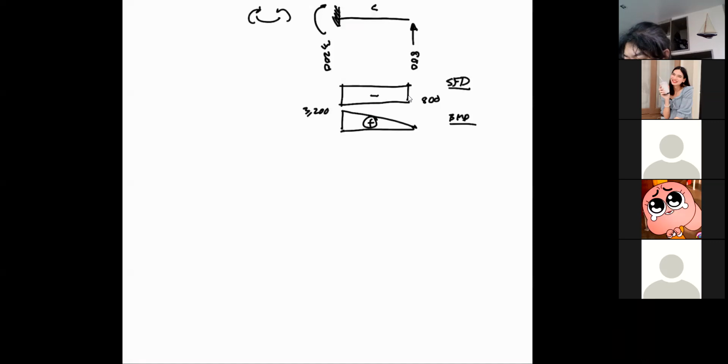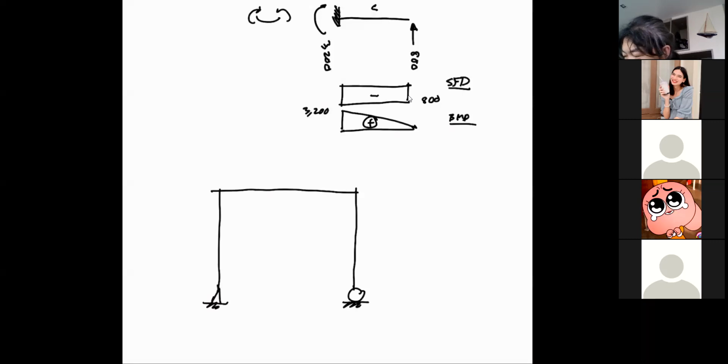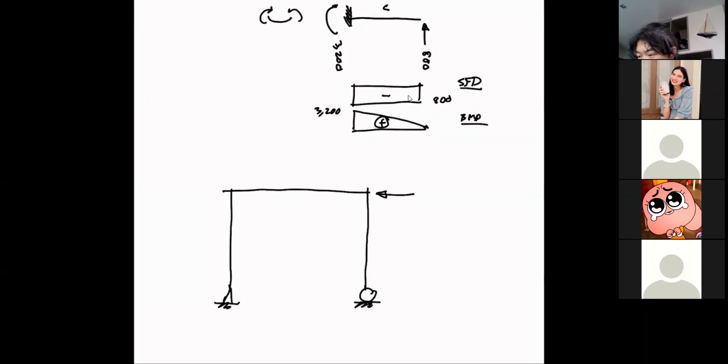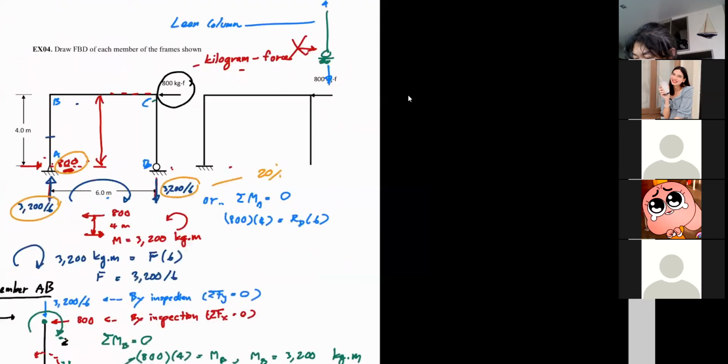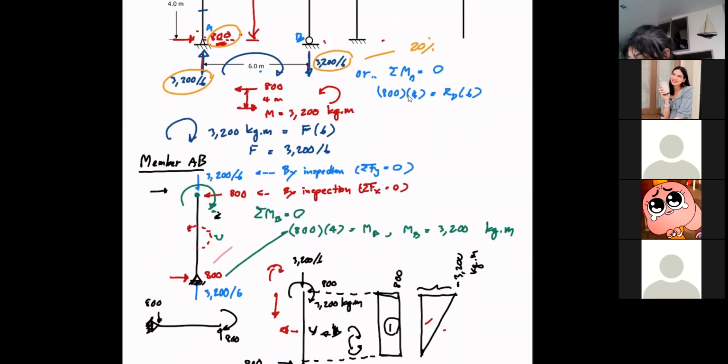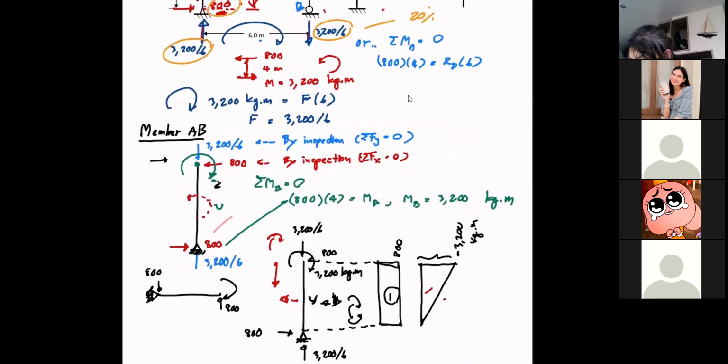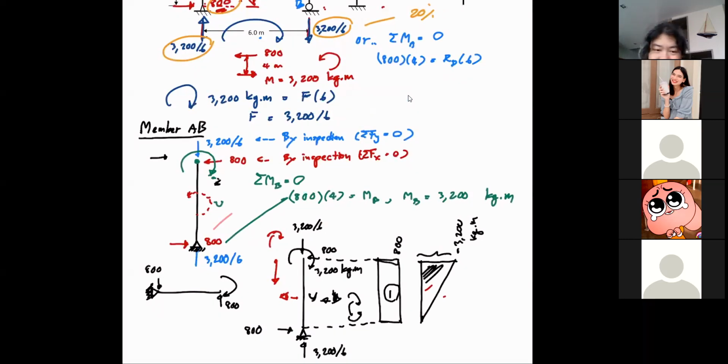Okay, so again, this is your frame. This one is a little bit awkward, but anyway. We have the load here. And from the bending moment diagram, we know, so let's go back again to member AB. This is your bending moment diagram, correct? And this is where your compression is.